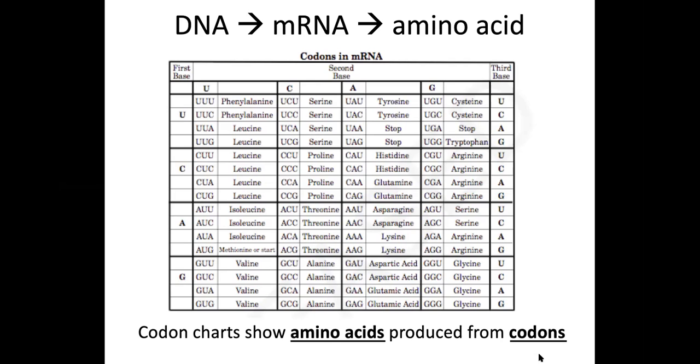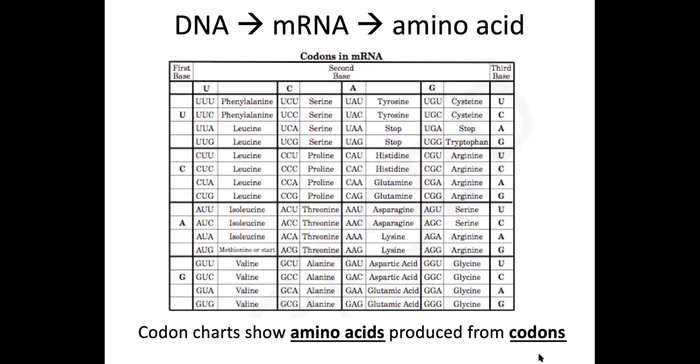So the way that we're gonna do this is there's the first base, the second base that goes across the top, and the third base down the right-hand side, okay? This is where we really need to pay attention, because I need for you to understand this. You are going to have to answer questions based on this chart.